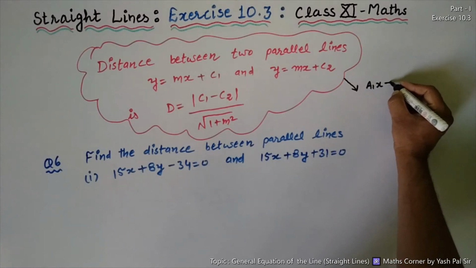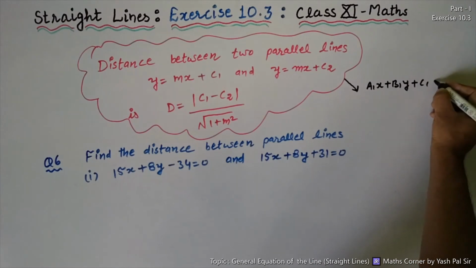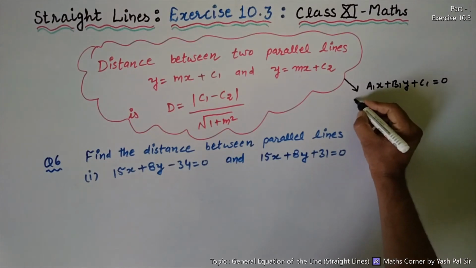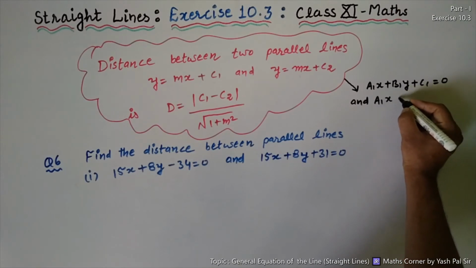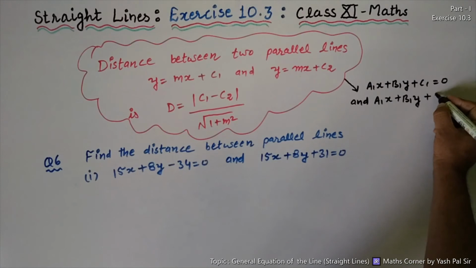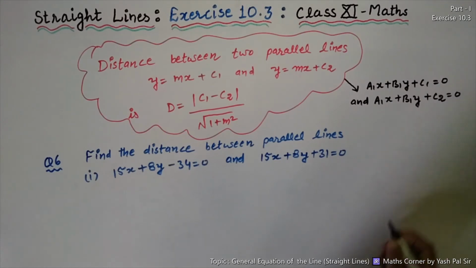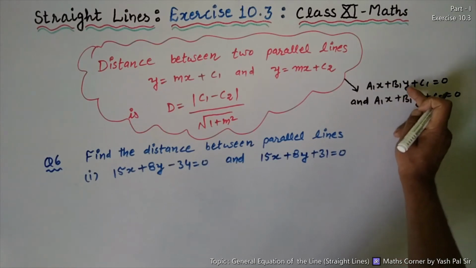If two parallel lines are written like this, a1x plus b1y plus c1 equal to 0 and a1x plus b1y plus c2 is equal to 0.